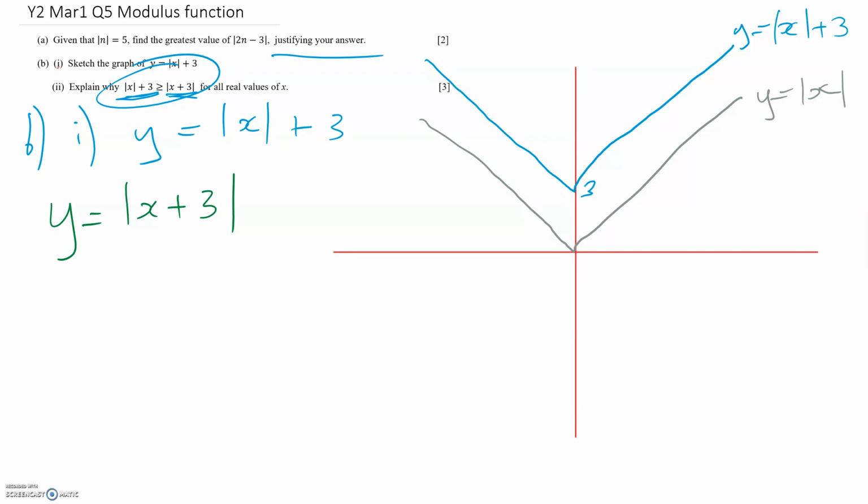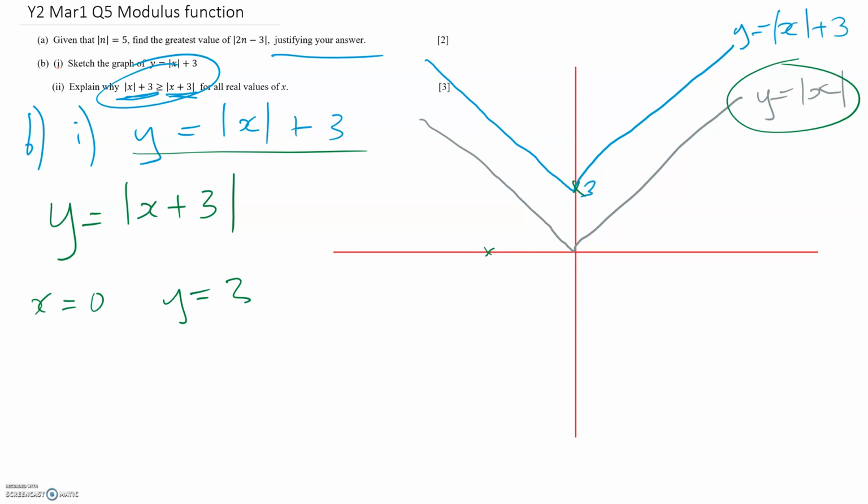That is this graph over here being moved to the left 3 units. So if we sketch that, it will go here. This graph would also go through plus 3 on the y-axis. If you put x equals 0, you'll get y equals 3, the same as you would for the other graph.